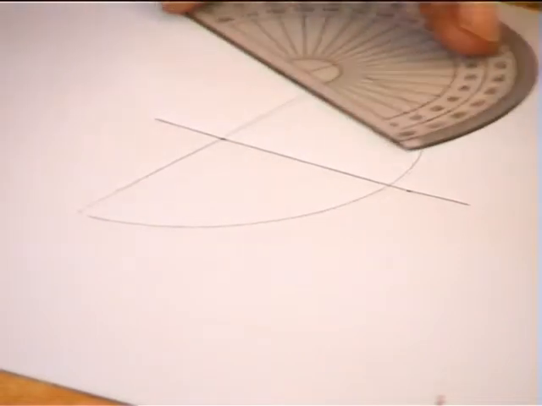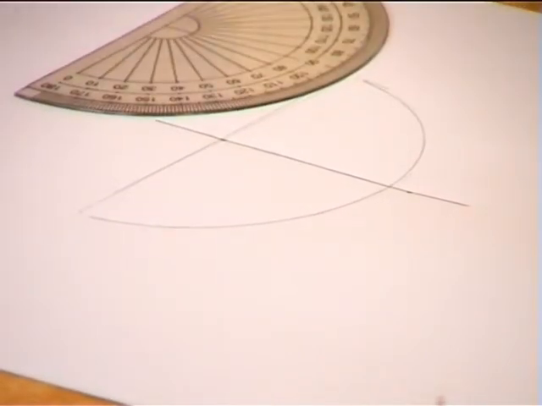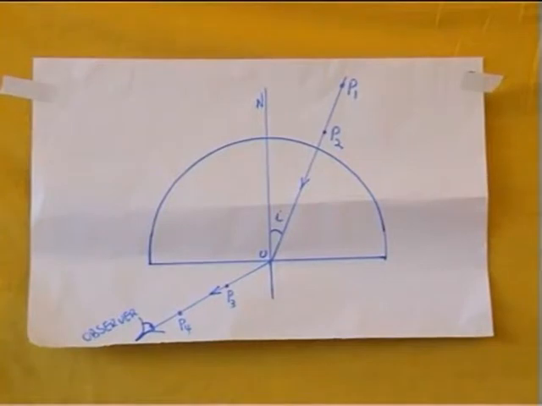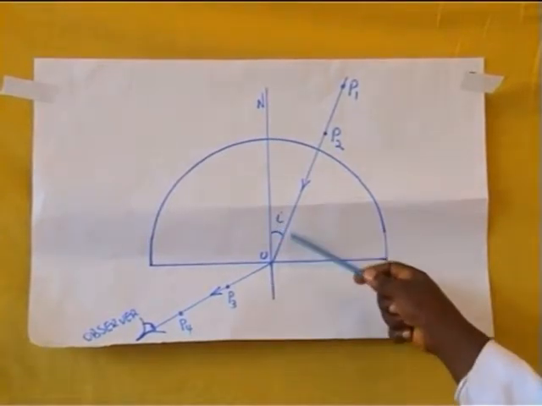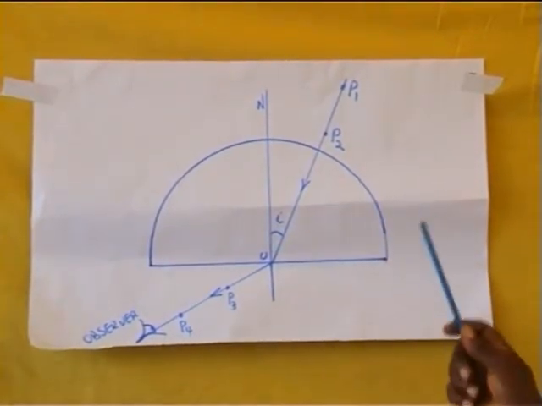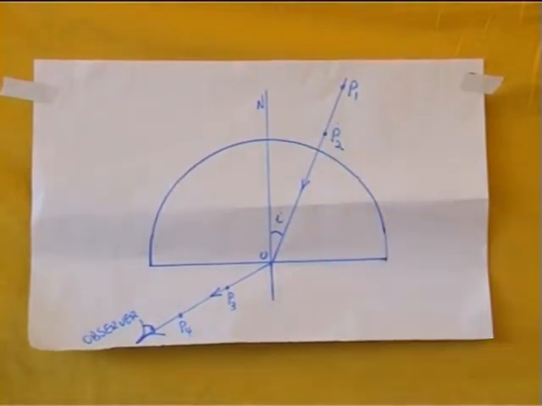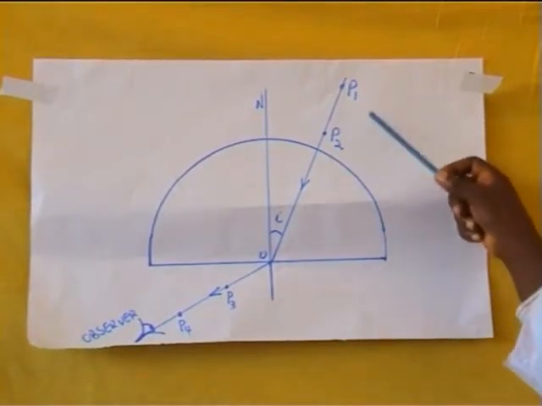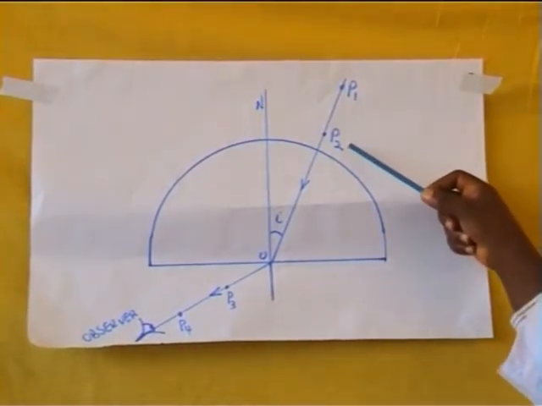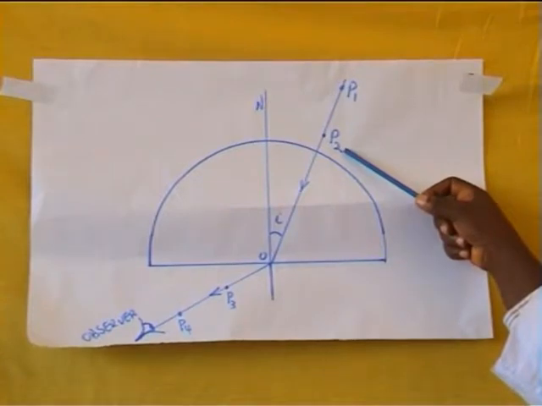Then use a protractor to draw an angle of 20 degrees with the line ON, which is the normal. Then insert 2 pins on that line and call them P1 and P2.